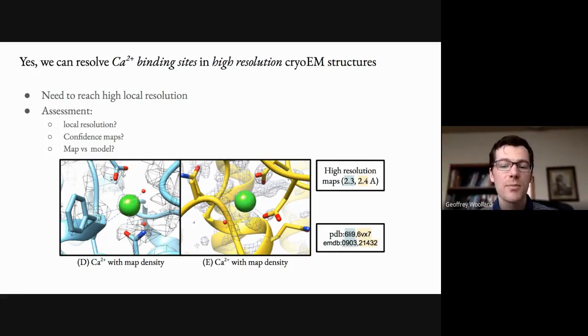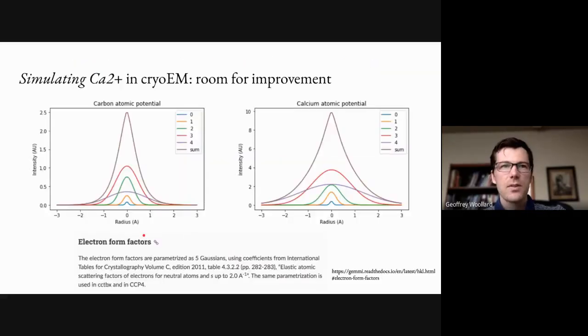To my knowledge, simulated maps really don't take into account theory deep enough to look at calcium ion coordination, although you can look at the surrounding geometry of side chains and infer that indirectly. So there's a lot of room for improvement for simulating calcium in Cryo-EM.